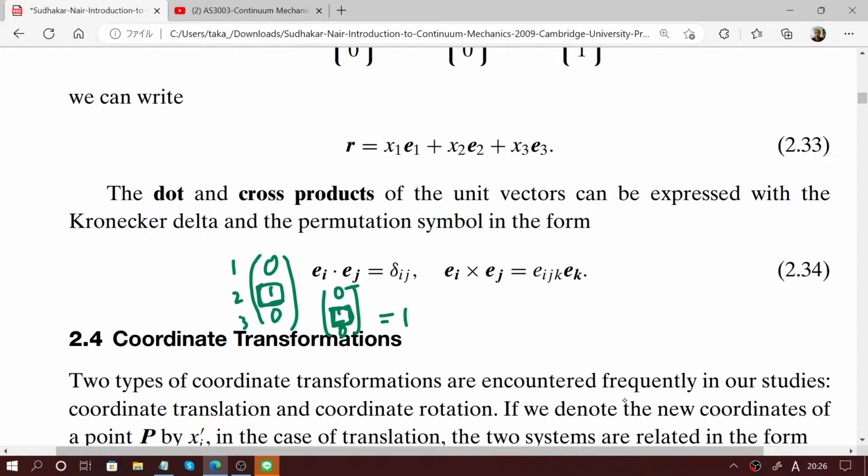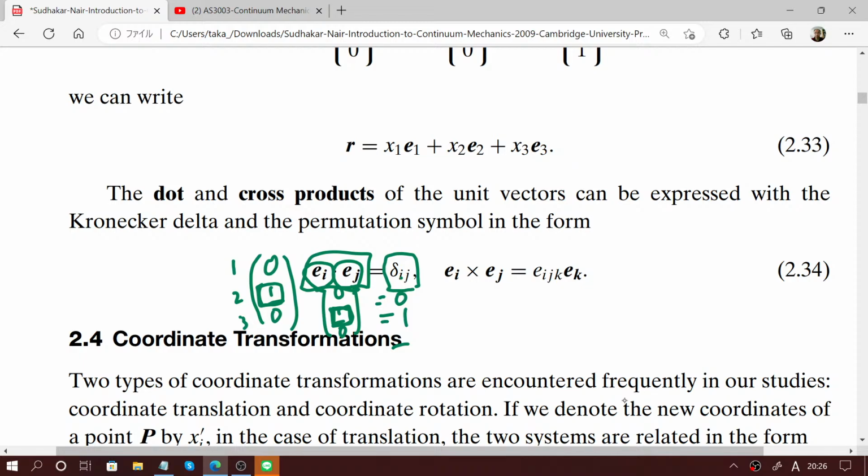If the position of 1 is different between these two vectors, then you get 0. This product is 0. So this property is just the Kronecker delta property. I and J have to be the same number in order for this product to have a value of 1. If I and J are different numbers, this product Ei dot Ej becomes 0.